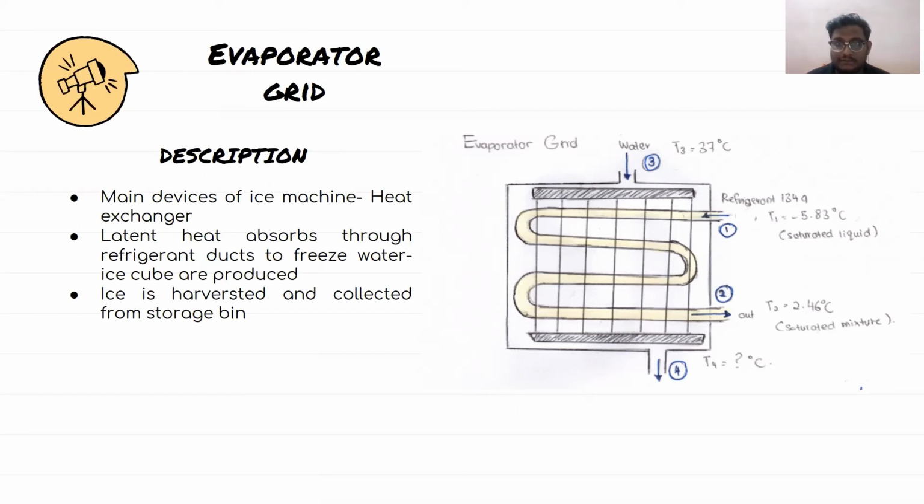When it enters the freezing temperature limit, ice cubes are produced. Once the ice cubes are frozen enough, they are harvested. The harvest cycle occurs where it collects the ice cubes into the storage bin to be used.